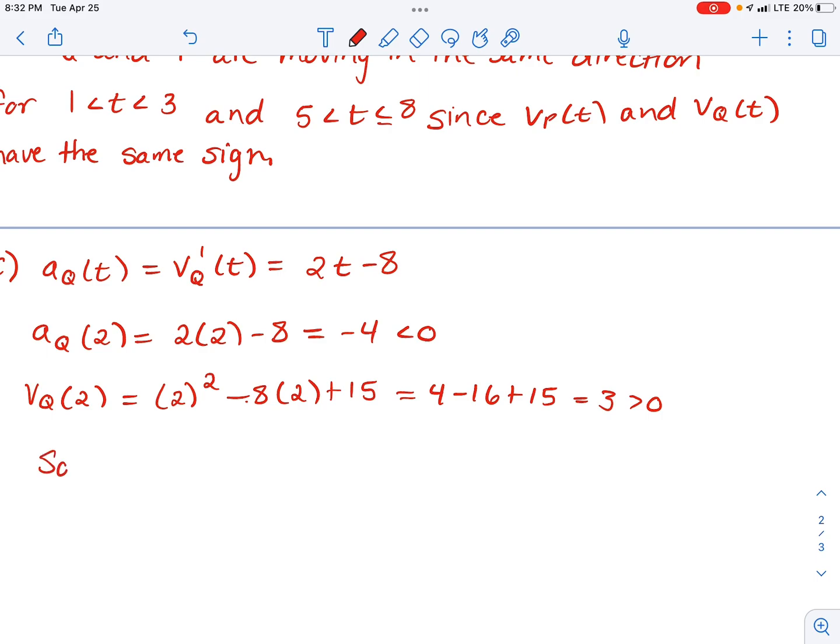So the speed is decreasing, since AQ of 2 and VQ of 2 have opposite signs.